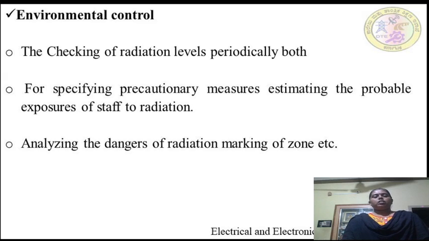The first thing is checking of radiation levels periodically, both for specifying precautionary measures and estimating the probable exposures of staff to radiation. That is, the staff working in the nuclear power plant has to check the radiation levels periodically.